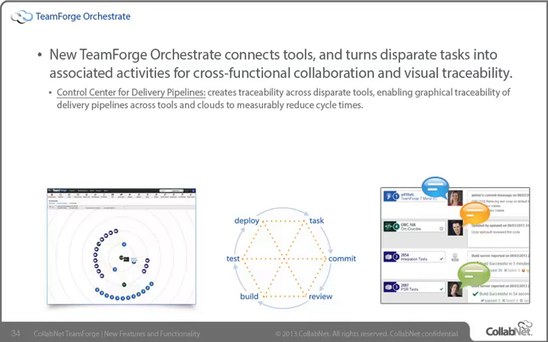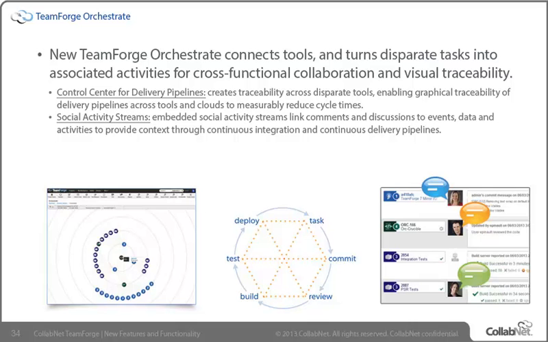A project may have many pipelines, each with many associations, so automating the traceability for each one becomes more important. Social activity streams are used to include comments and discussions in this traceability, linking them to events, data, and activities. This added detail provides context throughout the delivery pipelines.